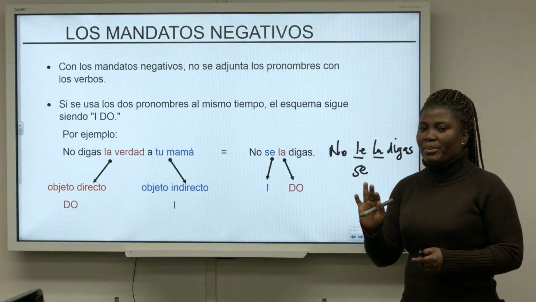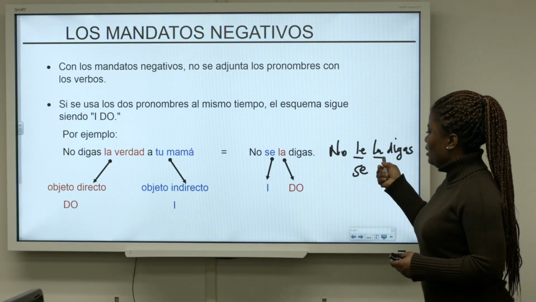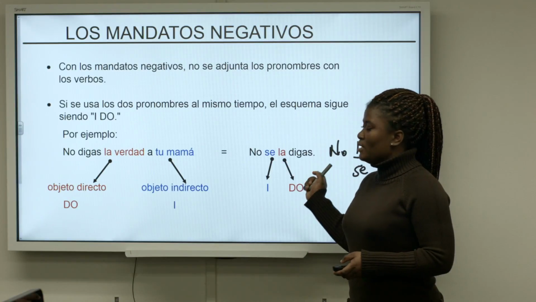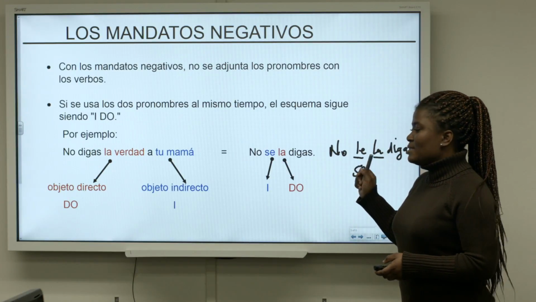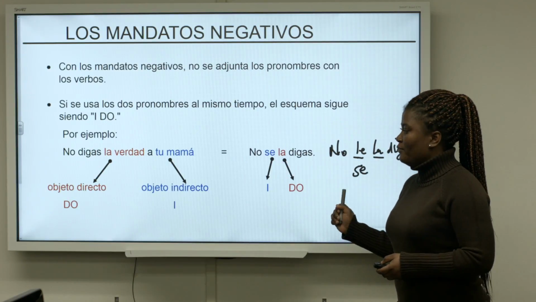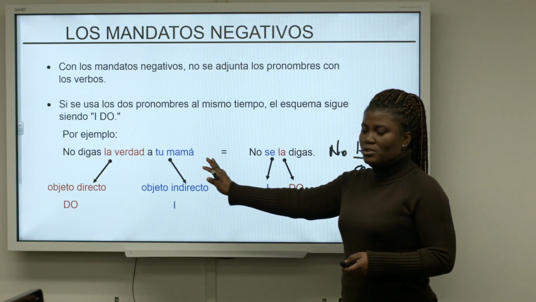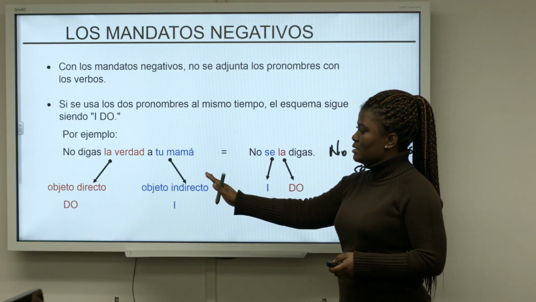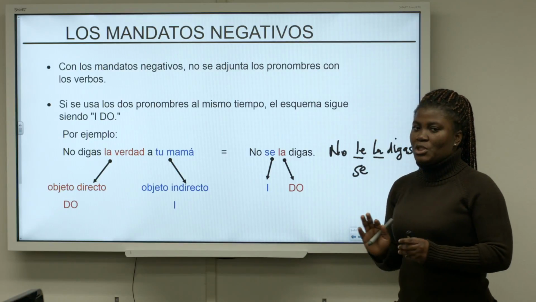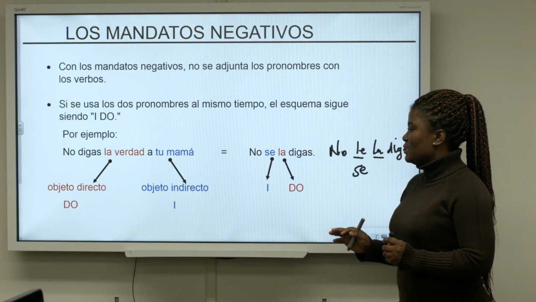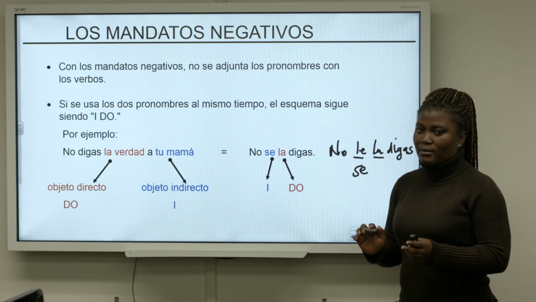To break the repetition of the two L sounds, we have to use se in place of le. But when you want to use the original nouns, as in no digas la verdad, you maintain it as though nothing changes.